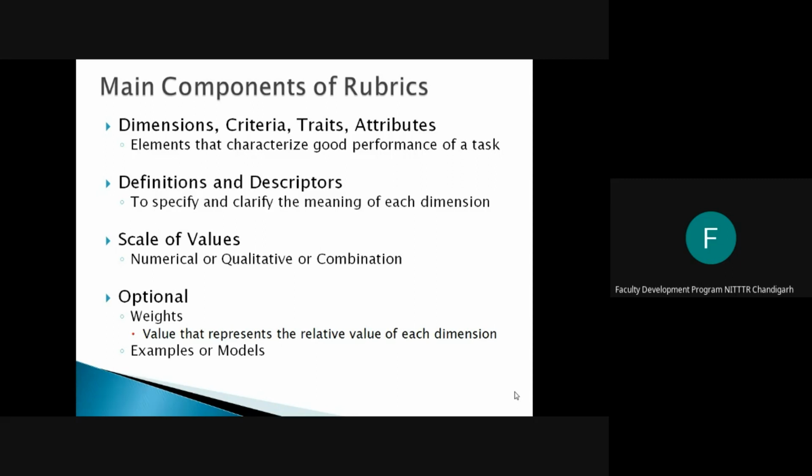But otherwise, the main components of a rubric are only 3: criteria, descriptor and scale. Now just let me show you how a rubric looks like and how these 3 components fit into that rubric, so that you would like to see.